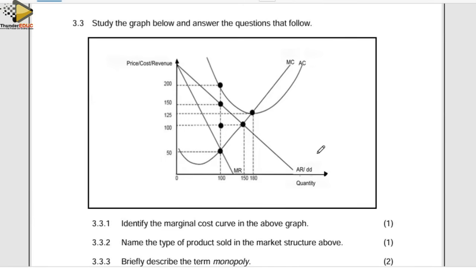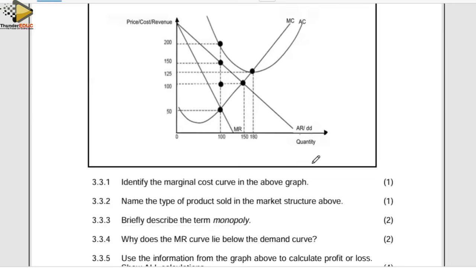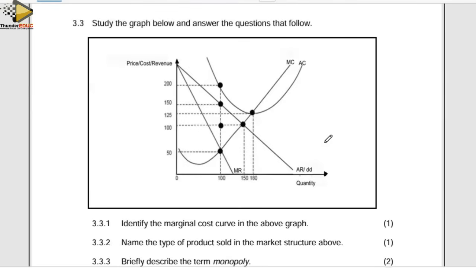Unfortunately, we're supposed to have labels on our curves. But we can see that our marginal cost looks like a tick or a Nike shape. That is how our marginal cost looks.